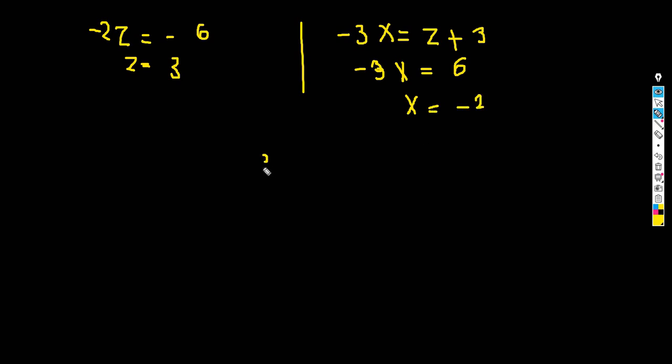The last equation, 3y minus x equals -7. 3y minus 2 equals -7.